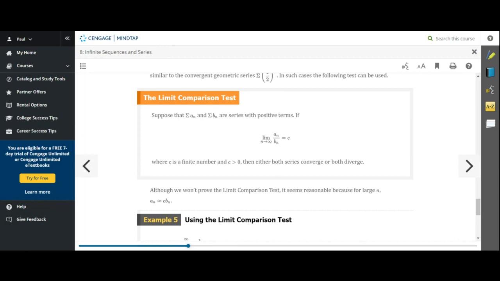All right, are there any questions on that in general before we get to our next example? Okay, well, let's go to our next example here.